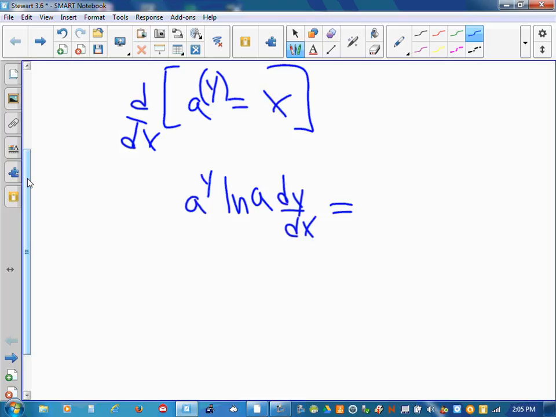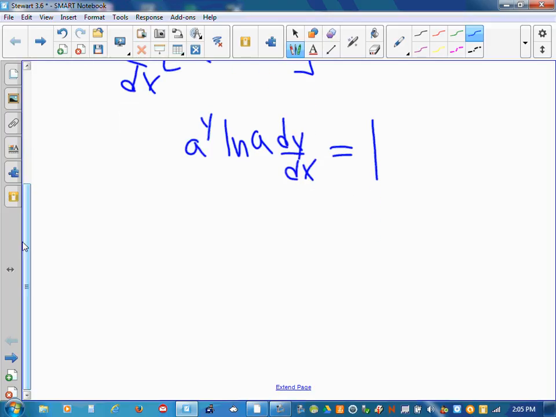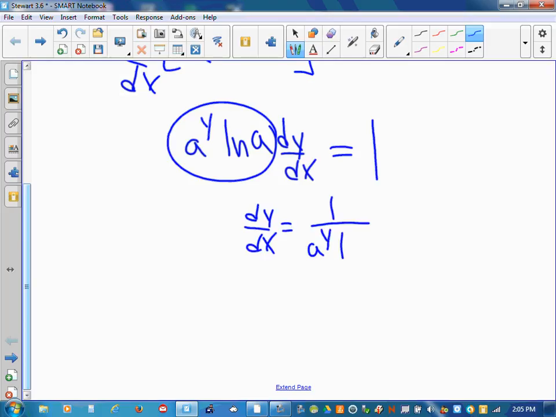The derivative of x with respect to x is, of course, 1. And then like we've done with implicit differentiation, we solve for dy/dx, which means these two are going to get divided over. So dy/dx is equal to 1 over a to the y natural log of a.